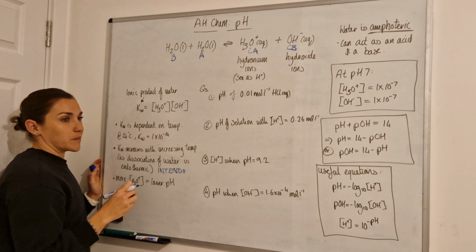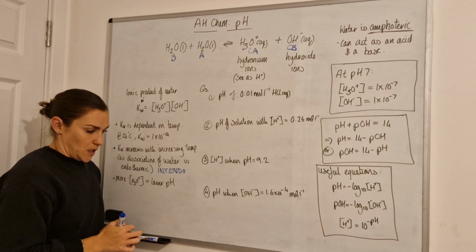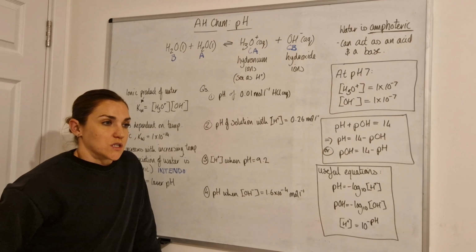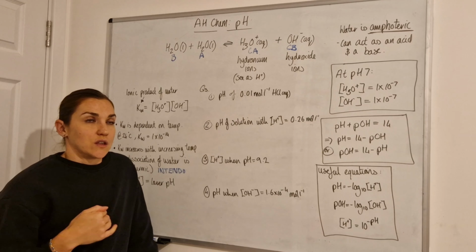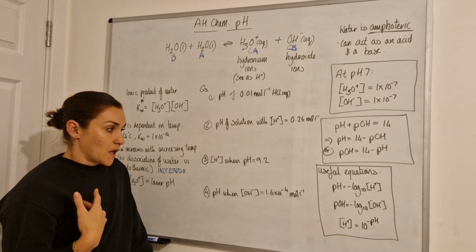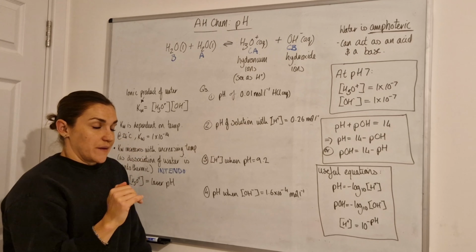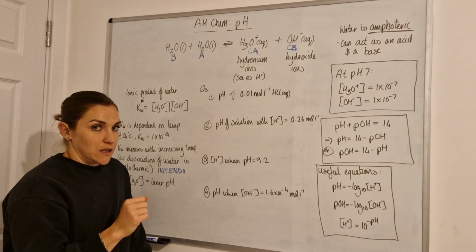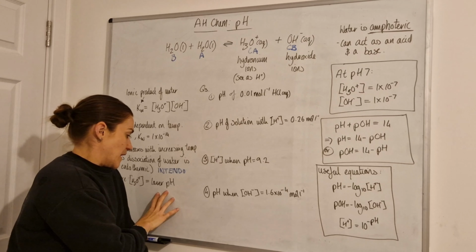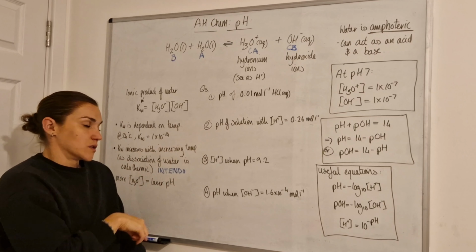So there was actually an open-ended question in one of the past papers, I can't remember which year it was, about a student using a pH meter, and they measured the pH of water at different temperatures, and they thought their pH meter was faulty because it wasn't pH 7 every time. But with increasing temperature, the pH will drop slightly, not massively, and that's because of what I've just explained here.